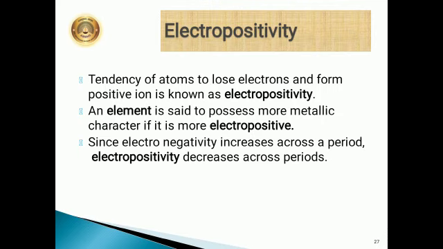An element is said to possess more metallic character if it is more electropositive. Since electronegativity increases across a period, electropositivity decreases across a period.